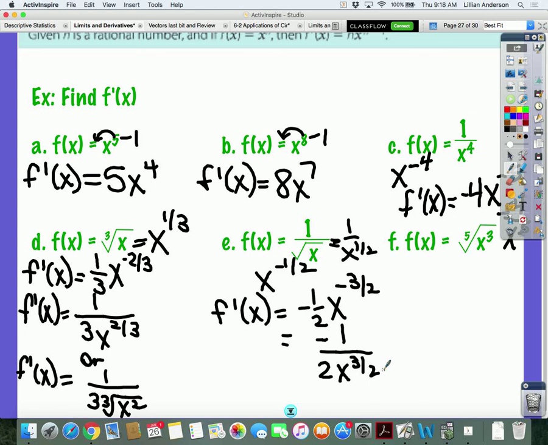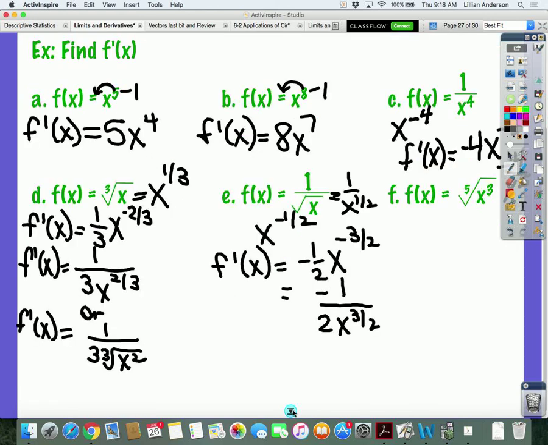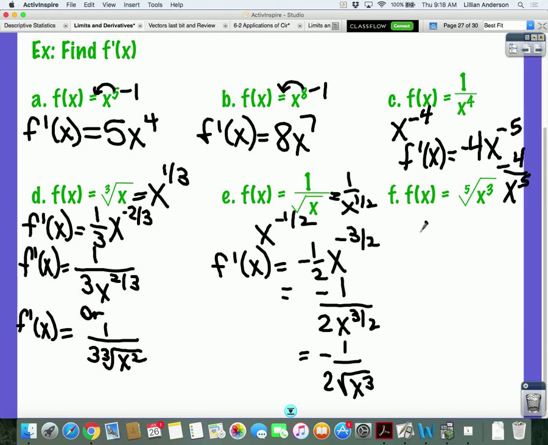And you could leave it like that. However, if you wanted to, you could rewrite it like so. Okay, we got that. Either one of those two.